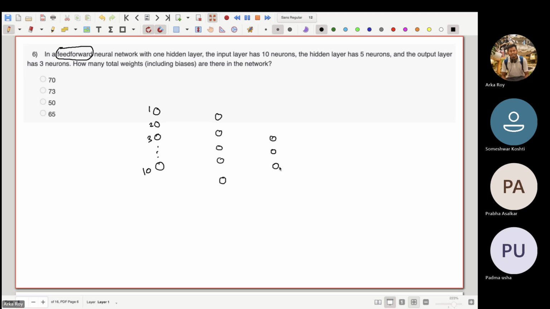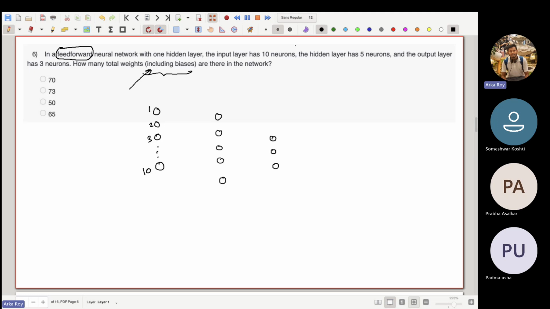Now, how many total weights are there in the network, including biases? This is very crucial: whenever you see in a question that including biases is mentioned, you have to take care not only of W transpose X, but also of the B term, that is, W transpose X plus B.